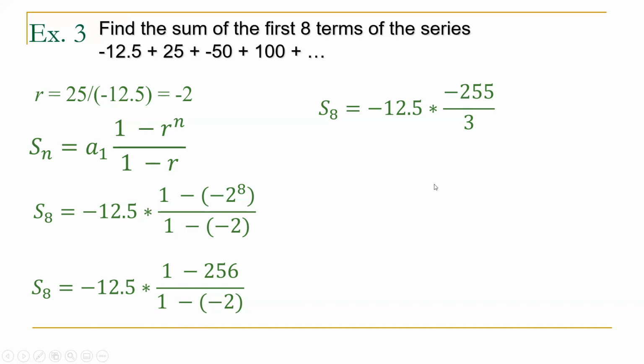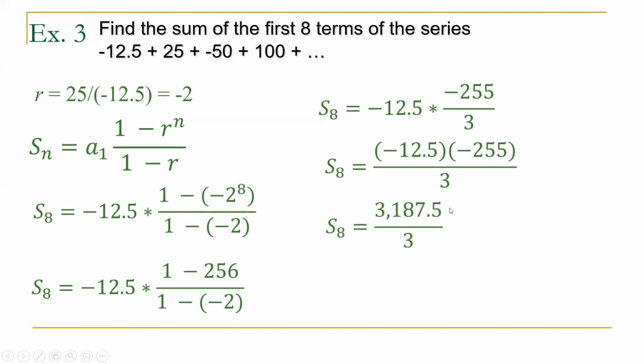And then after that, divide muna natin si negative 255 divided by 3. Or, we will just multiply negative 12.5 times negative 255 and saka natin i-divide sa 3. So, negative 12.5 times negative 255 is equal to positive 3,187.5. And then, kapag dinivide natin siya sa 3, ang sagot is 1,062.5. Right?